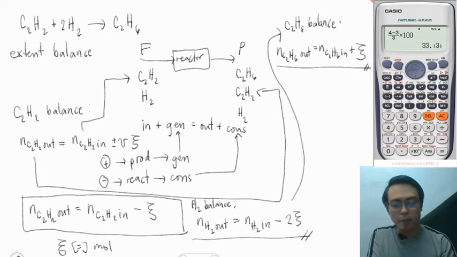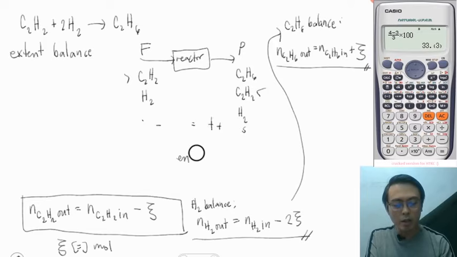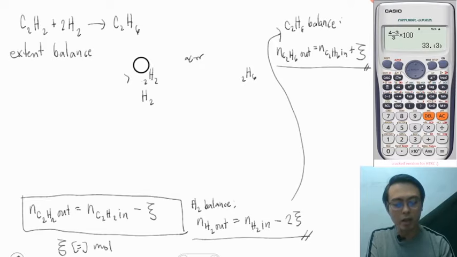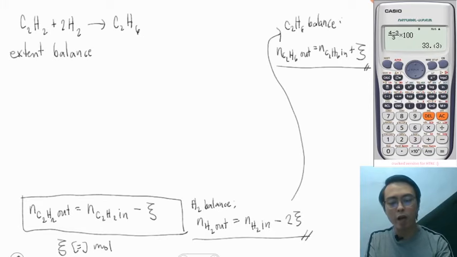Another curious thing, so let me erase some of these parts. Another curious thing with this extent of reaction balance is it actually allows you to solve for the value of the extent of the reaction. Now, this is our general rule. For every chemical equation, you only have one value of the extent.